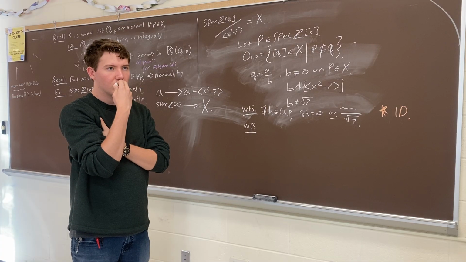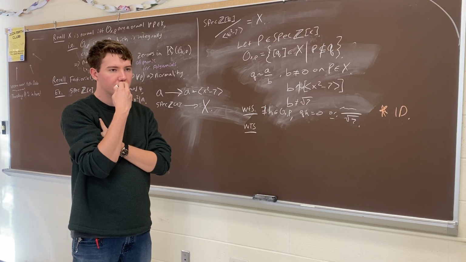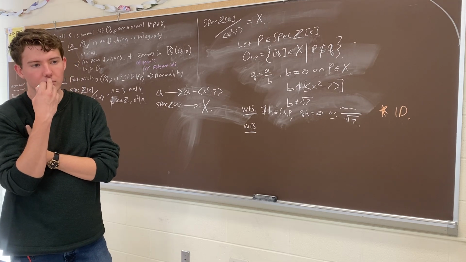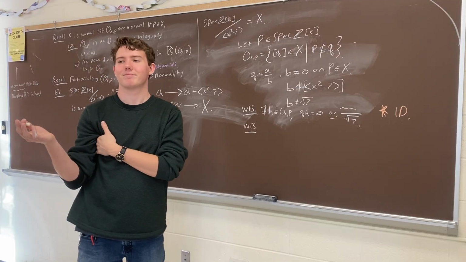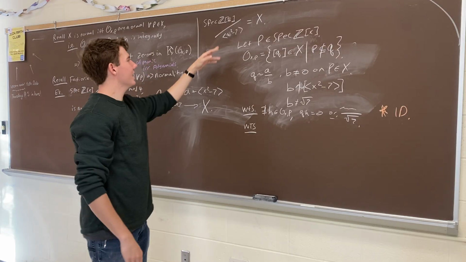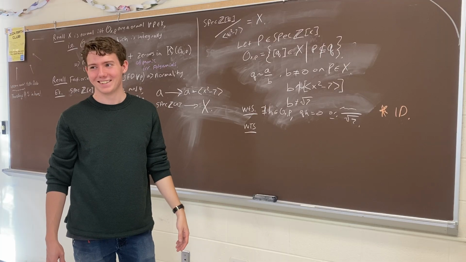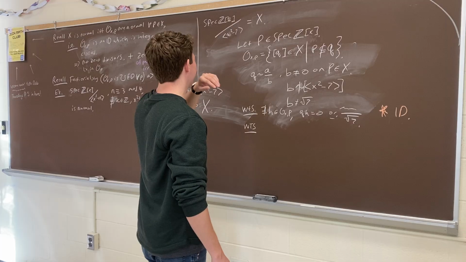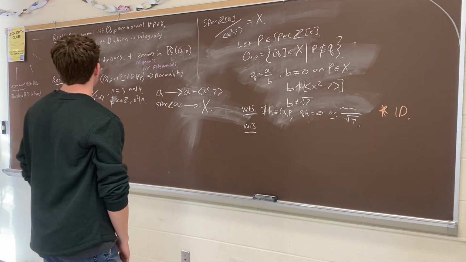I'm trying to think about other square free 3 mod 4s. Well, for 4, we get something interesting, because we can get 2. Oh my god, it's not the square root of 2. X squared minus 4 does not factor with the square root of 2. Oh yeah. Okay. X squared minus 4 is plus or minus 2.